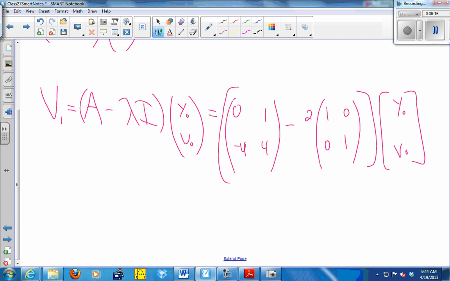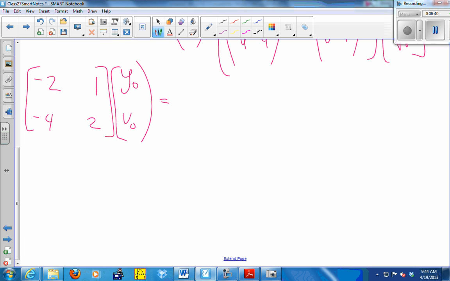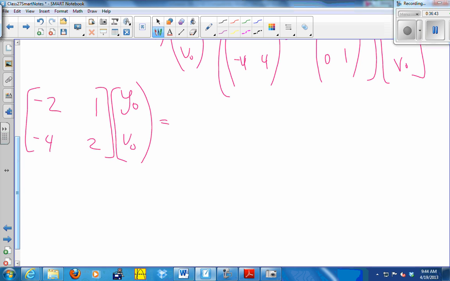I'm going to get negative 2; 1 minus 0 is 1; negative 4 minus 0 is negative 4; and 4 minus 2 is 2. And multiply that times y naught, v naught. Multiply them out, and now it'll just be a vector: negative 2 y naught plus v naught, and negative 4 y naught plus 2 v naught.